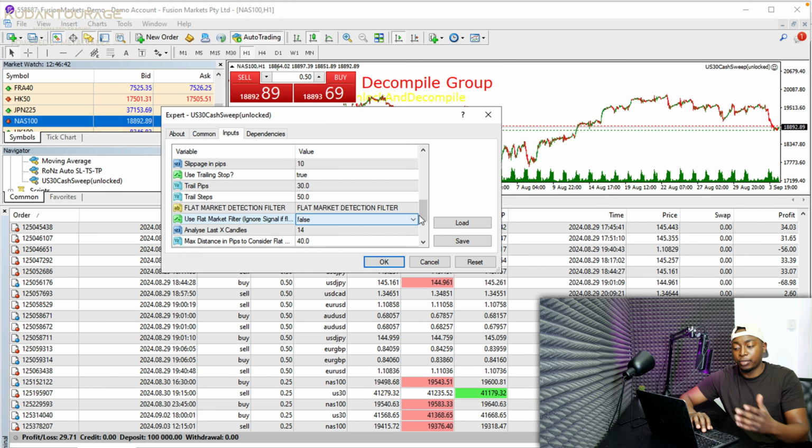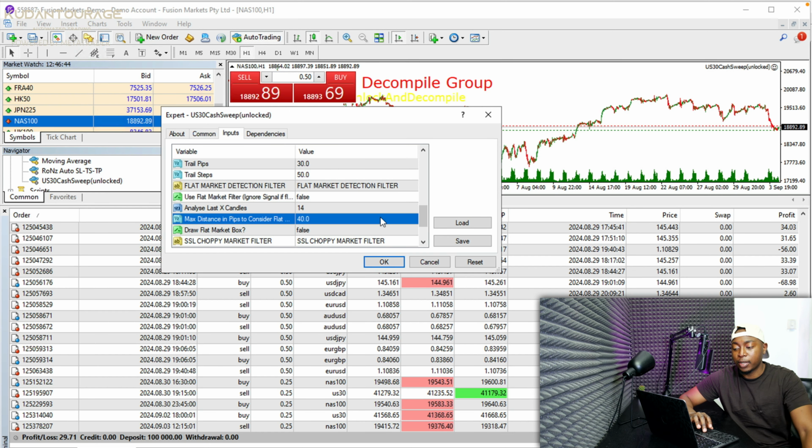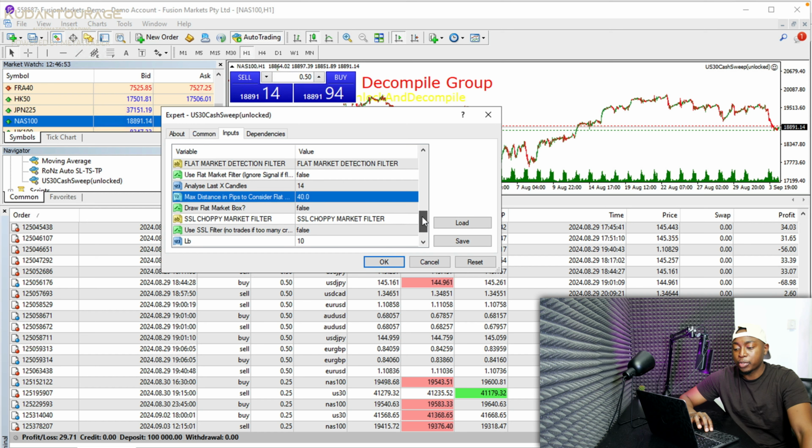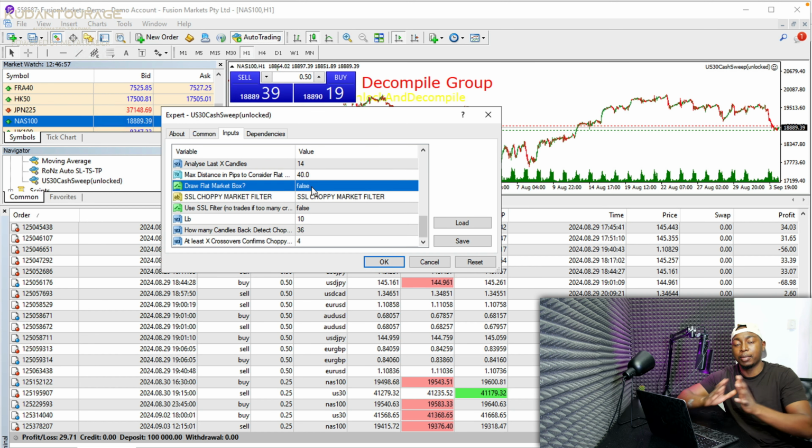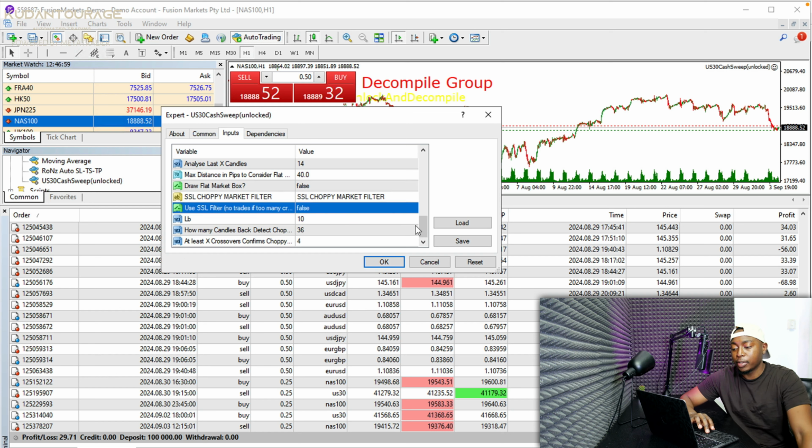So you can set this, and then you can also set how many candles you want it to analyze. So 14 candles, you can set it to analyze to see if the market is flat. And then you can also let it draw a box to show when the market is flat. And then you can also just leave all these settings as they are.